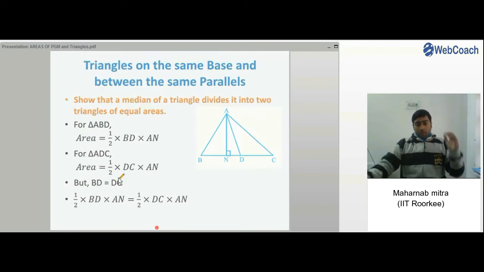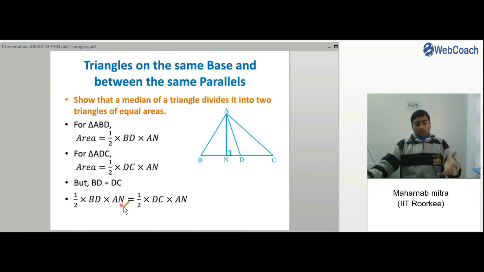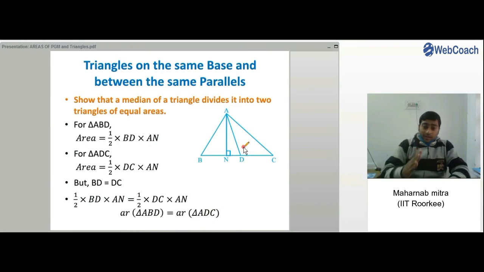So half into BD into AN is equal to half into DC into AN, because BD is equal to DC and the rest of the terms are the same. So you can easily say area of triangle ABD is equal to area of triangle ADC, or the median has actually divided the triangle into two parts having equal areas, right?